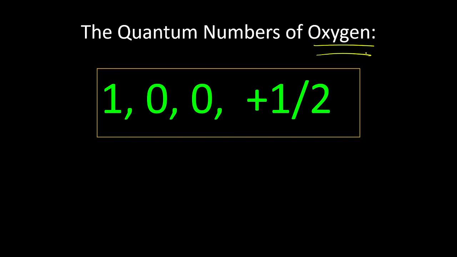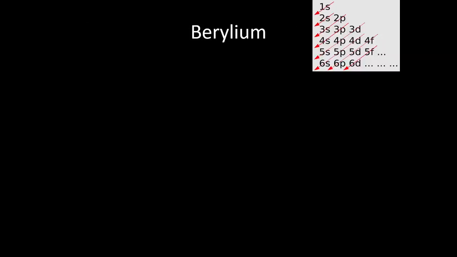Okay, let's have more examples. Let's have the element beryllium. What is the atomic number of beryllium? 4. So meaning there are 4 electrons. Okay? So let's draw.